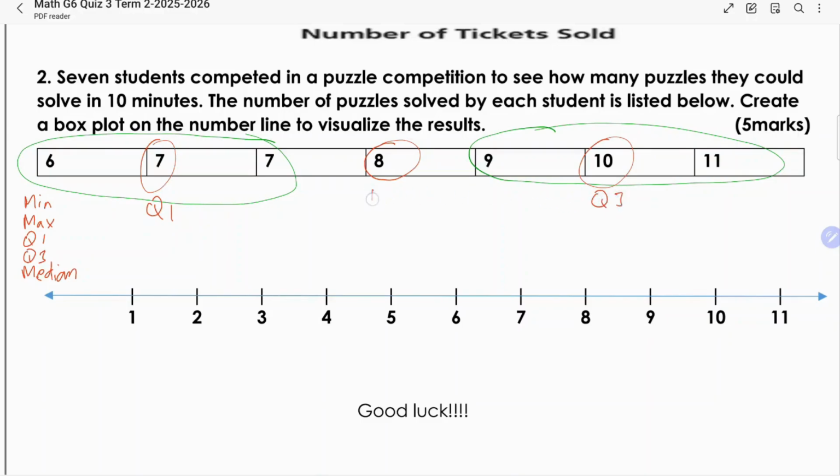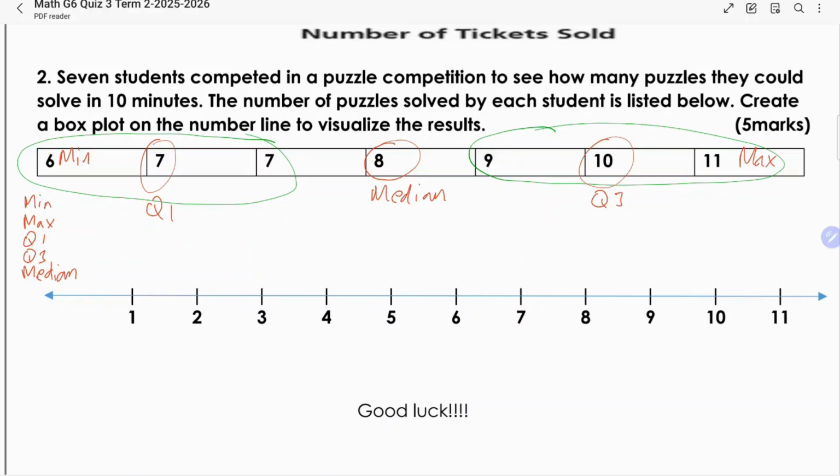This is the median. And the smallest number in the data set is the minimum. Biggest number in the data set is the maximum. Now, I've got our five numbers for our summary.